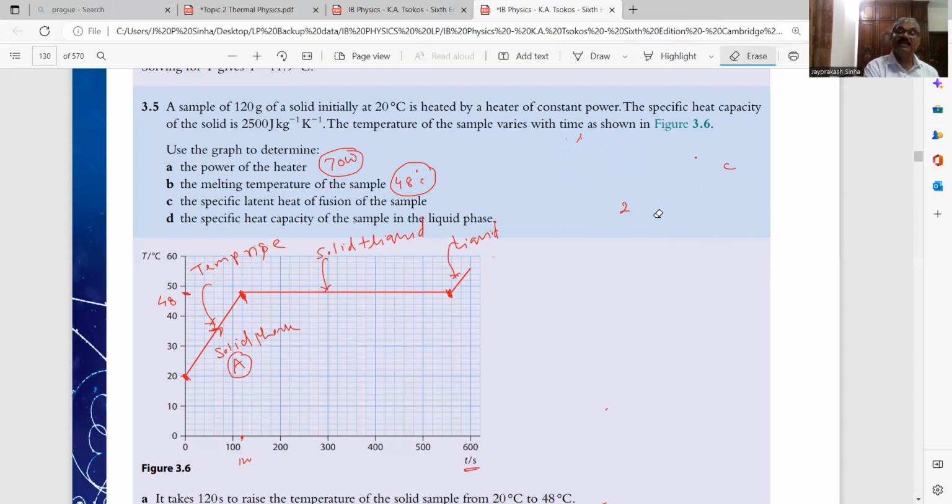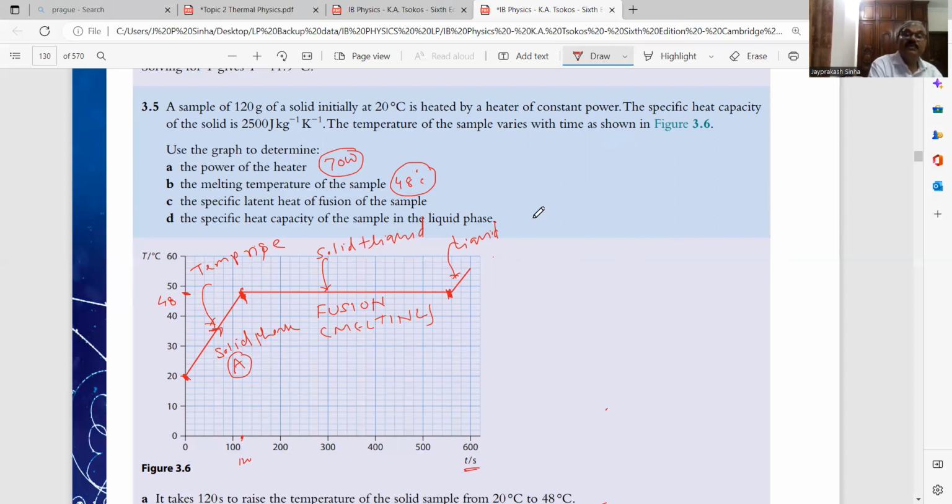Now we have made the space for writing. See the specific latent heat of fusion of the sample. Here what is happening? From here to here, it is fusion, or melting. The solid is being converted into liquid. This whole process occurs at constant temperature, and that temperature is 48 degrees Celsius.